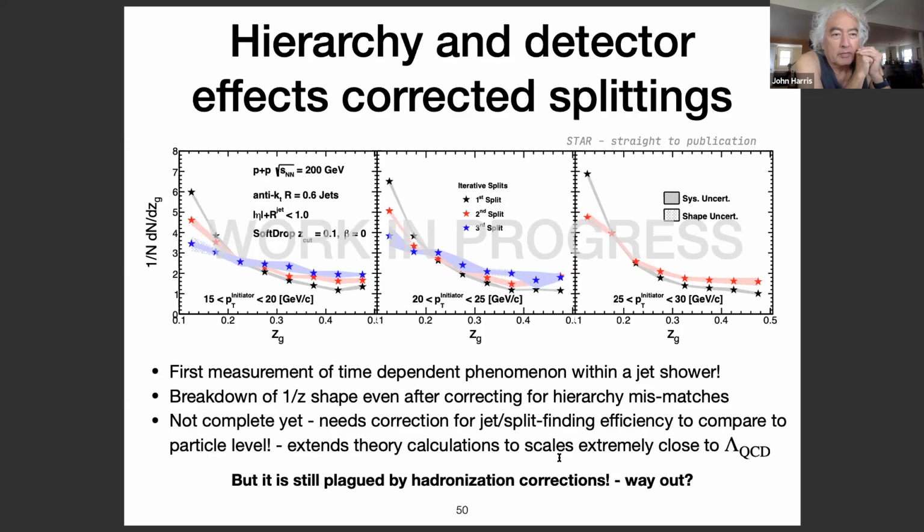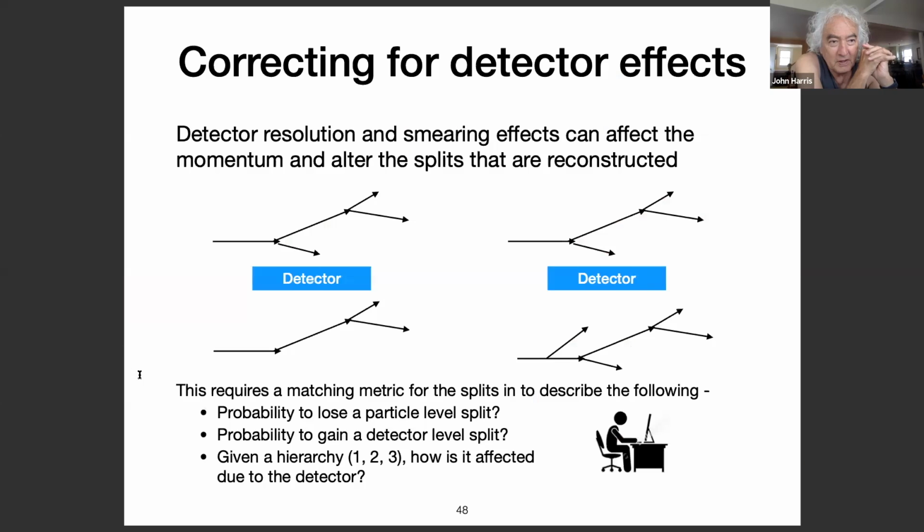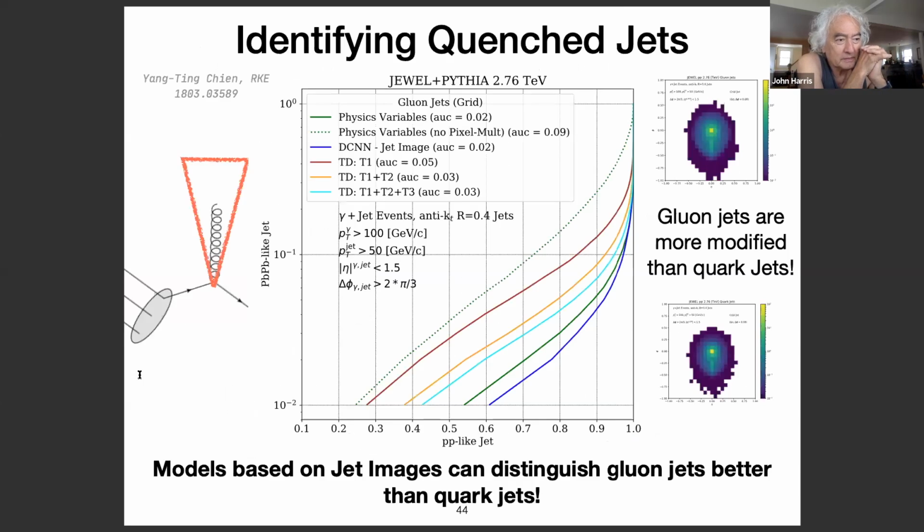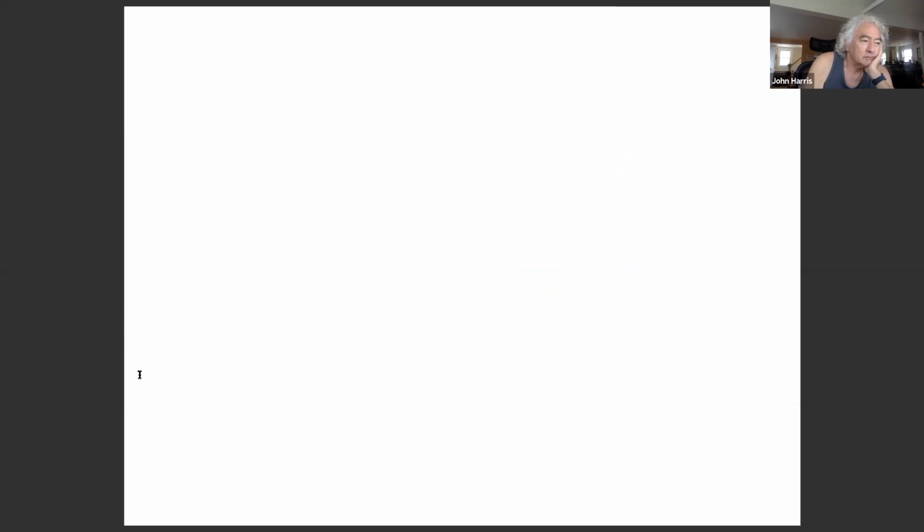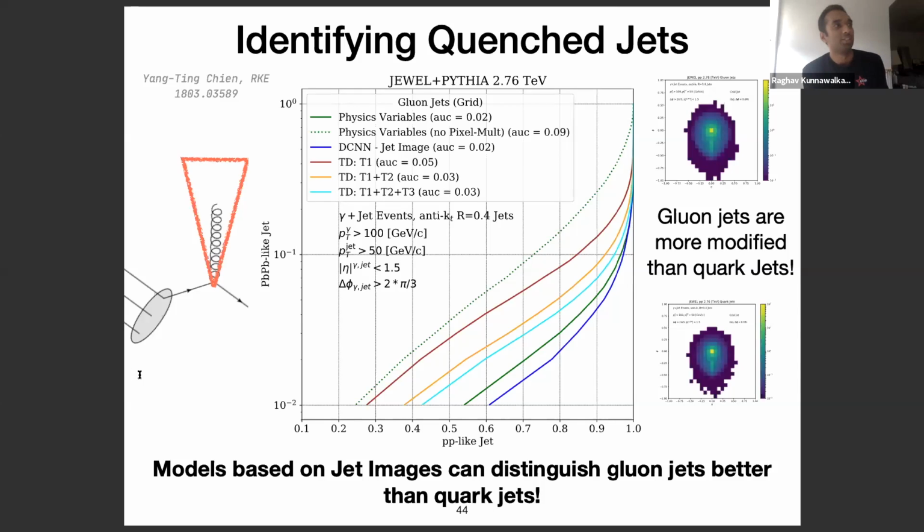Hey, Raghav. I'll ask the canonical machine learning question about, in identifying quenched structures, what are the main features in your machine learning? So the main features in this is actually the extraction of the kind of width of the jet, right?